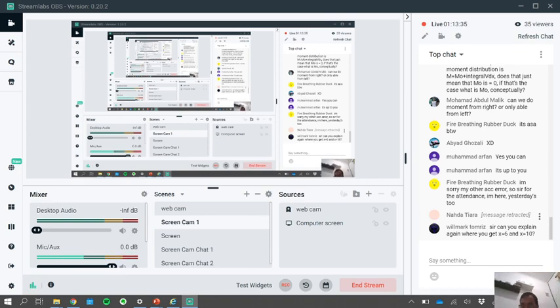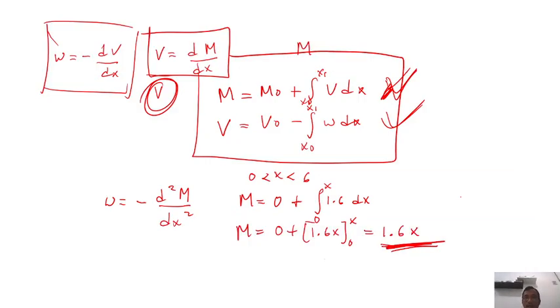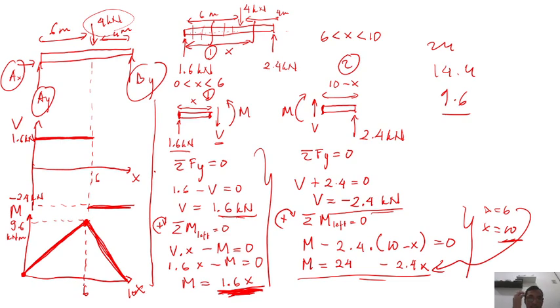Wilma, sir, can you explain again where you get x equal to 6 and x equal to 10? Oh, from the integration method, how do we know that m0 is 0? You have to calculate the internal moment at the left end here. Because there is no external moment there, most likely your internal moment on the left side will be 0.